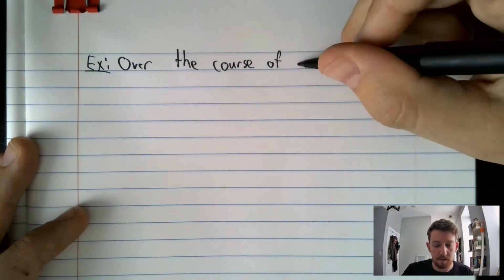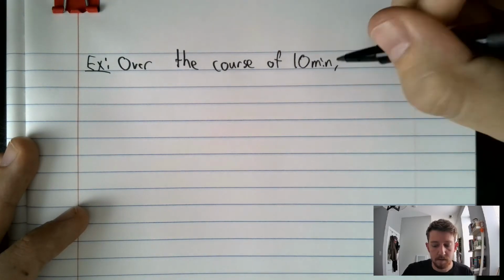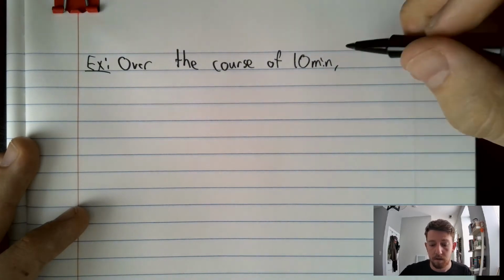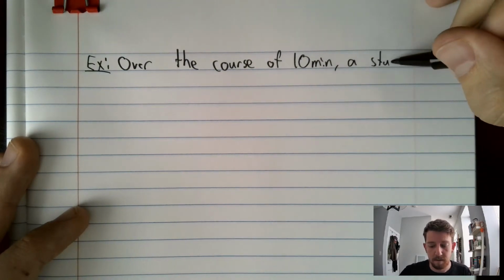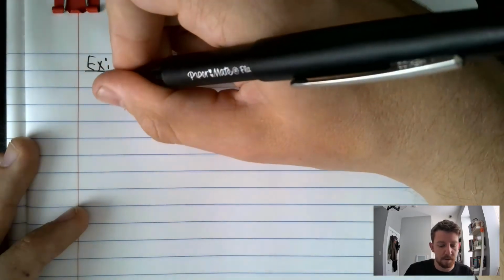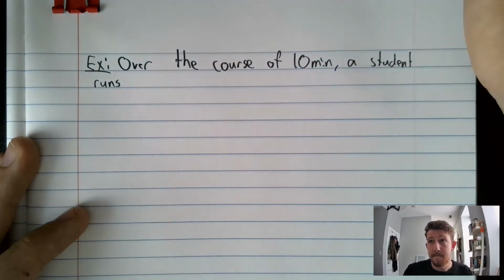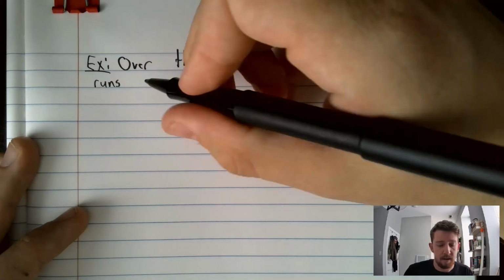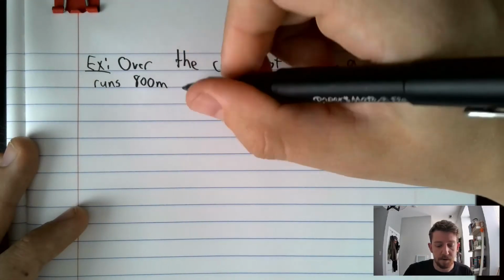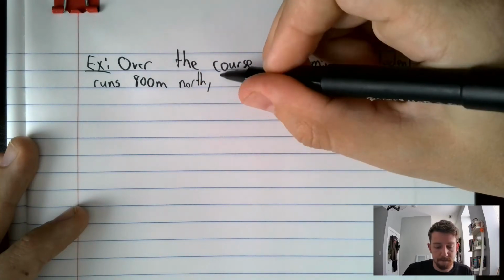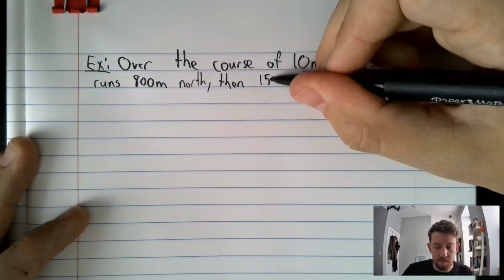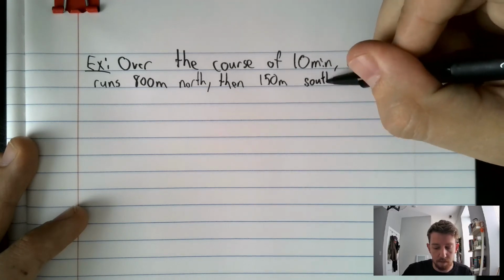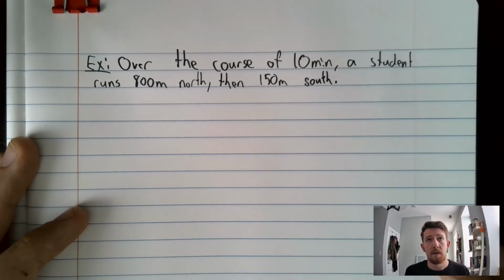Over the course of 10 minutes, a student runs 800 meters north, then 150 meters south.